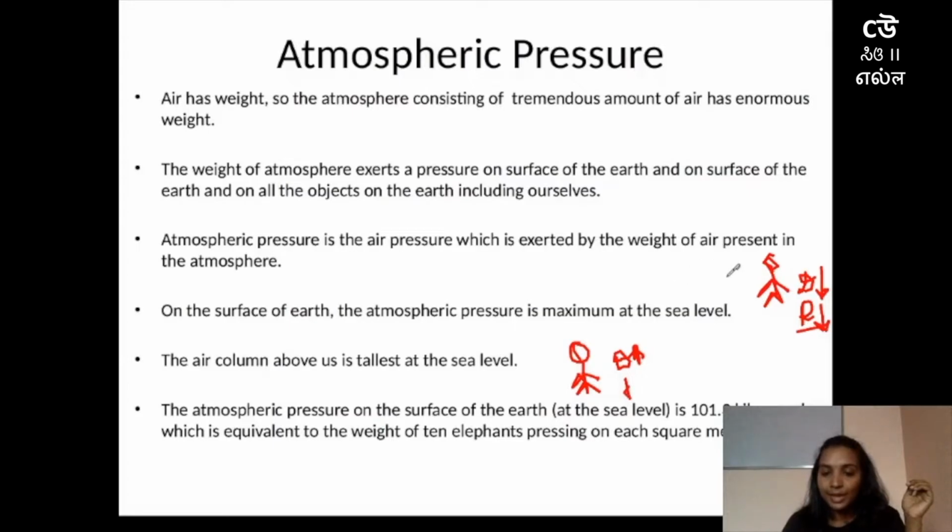To explain that, I'll consider Earth's surface, and on Earth's surface I'll consider unit area. Unit means equal to 1.